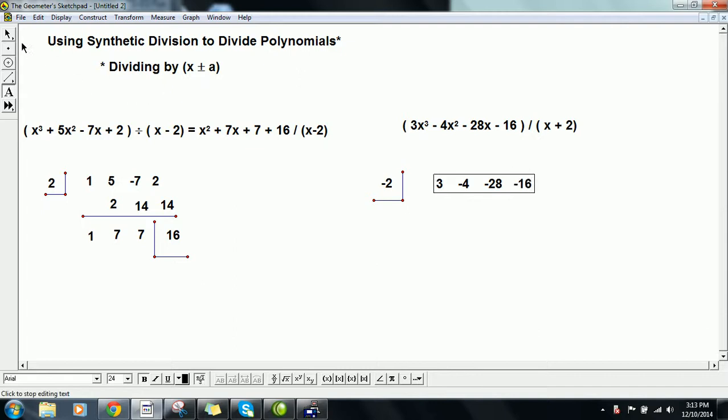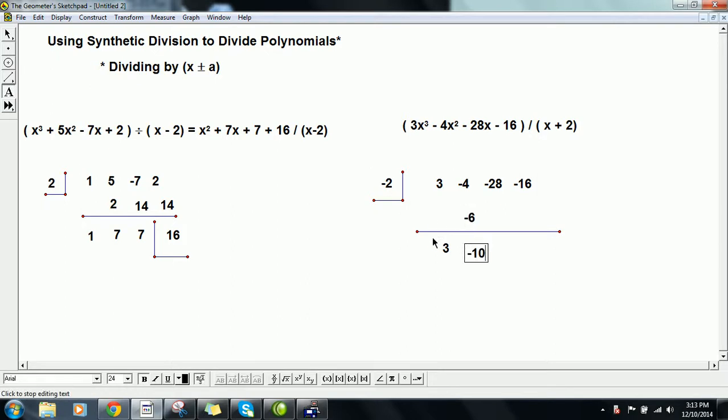Okay? I'm going to draw my little line, and I'm going to start multiplying and adding. Okay? I begin by bringing the 3 down. The leading coefficient, 3, comes down. I'm going to put that here. And I multiply, add. Right?